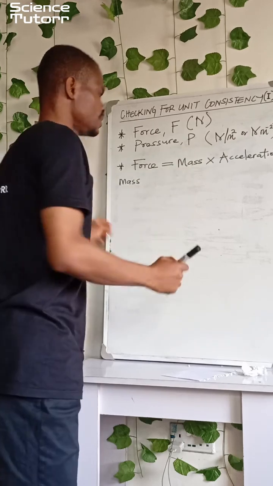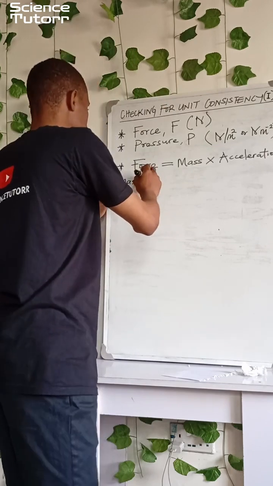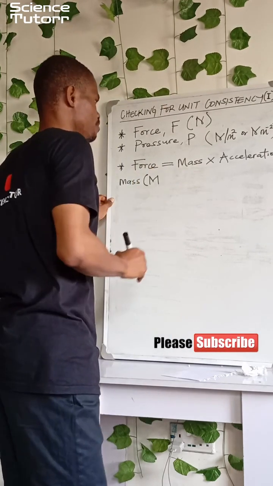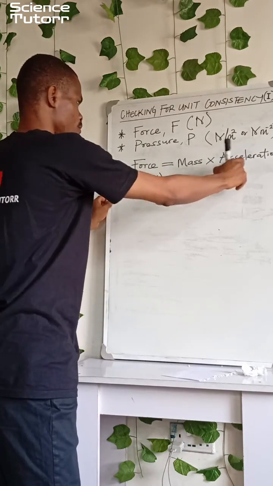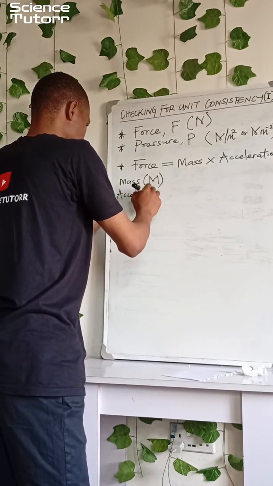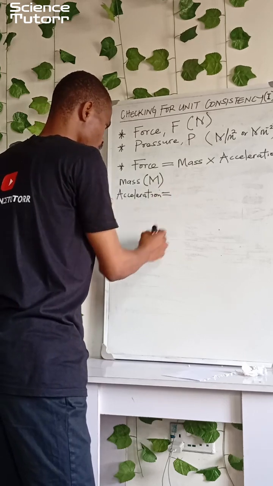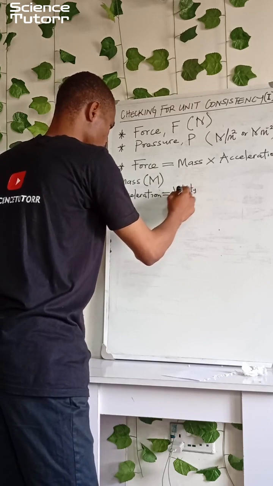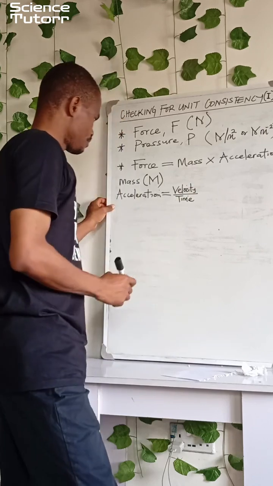Remember, the mass is obtained from the fundamental quantity. So mass is M. Acceleration can be broken down. Acceleration is simply the change in velocity over time. That is velocity over time.